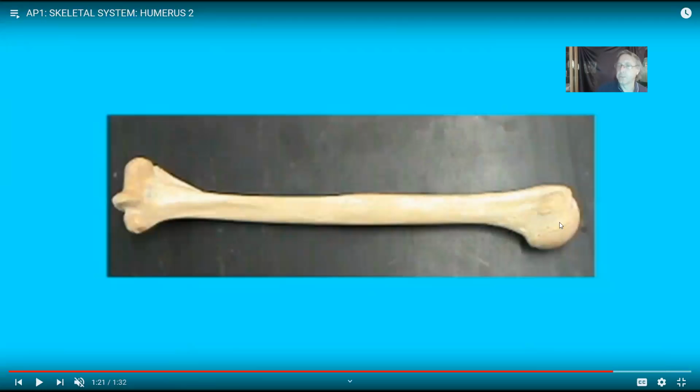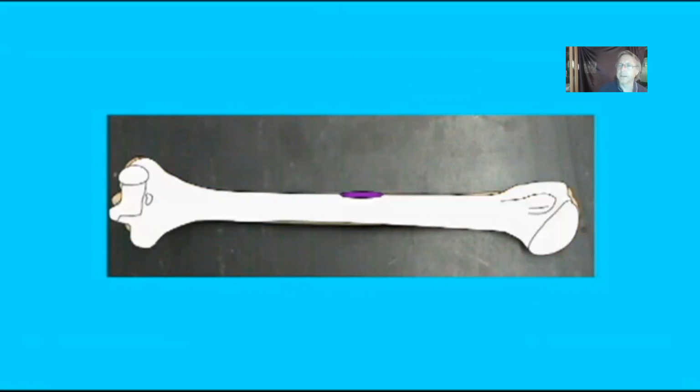So at the proximal end of the humerus, there's a number of structures to know. As we proceed down the shaft of the humerus, we don't really see anything of note, except maybe a little bit of a ridge part way down. Just a very low ridge. You'd think, oh, it's not that prominent, we wouldn't want to know it.